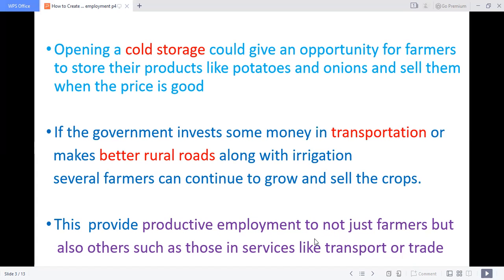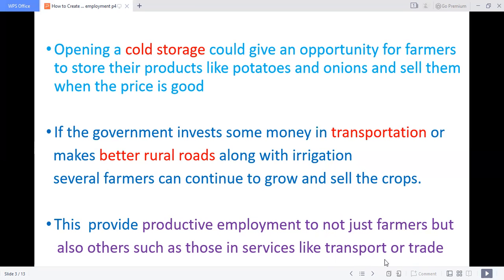So we need tempos or trucks driven by drivers, loading work, and trade, buying and selling. So it will increase the opportunity not only in agriculture, but also in the secondary and tertiary sectors.